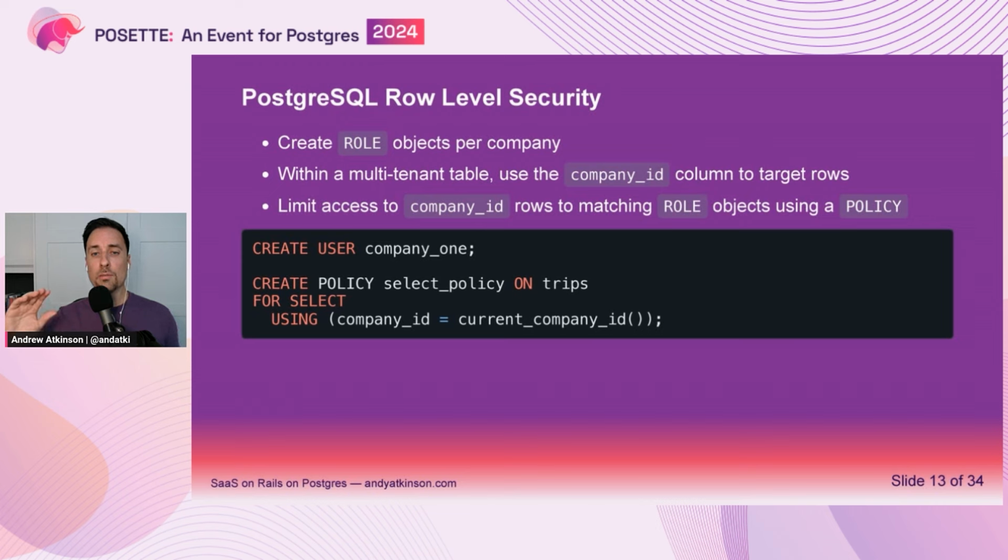And by using this combination of roles and policies, we can then limit access to the table. Again, our client application will need to be set up to use the proper role when it's accessing the table. And if you want to check out some code samples related to row-level security, check out the pull request I mentioned earlier.